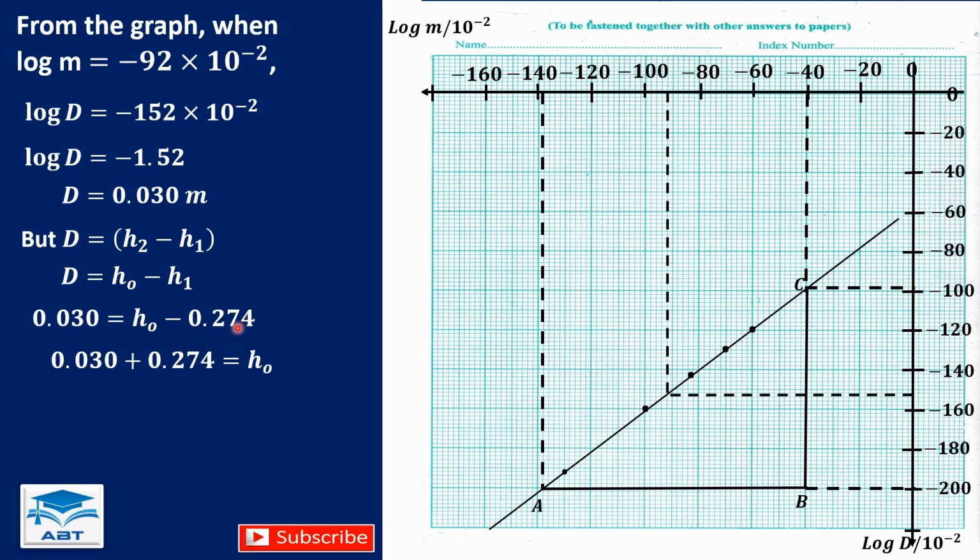And we bring this to the other side to add. And so h0 is 0.304 meters. If we want the answer in centimeters, we multiply this value by 100 and we have 30.4 centimeters. It means when we attach a mass of 120 grams, the new pointer position will be 30.4 centimeters.